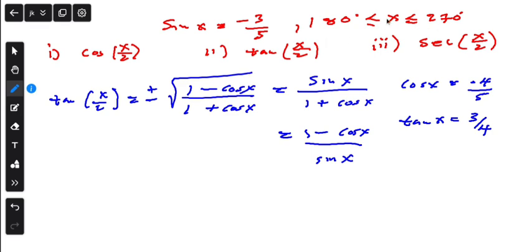Since the range here is from 180 to 270, which is the third quadrant, tan is positive. So which one should we use? Let me use this one here. Then you can also try to use this one. We know that sine is negative 3 over 5, divided by 1 and then cos.